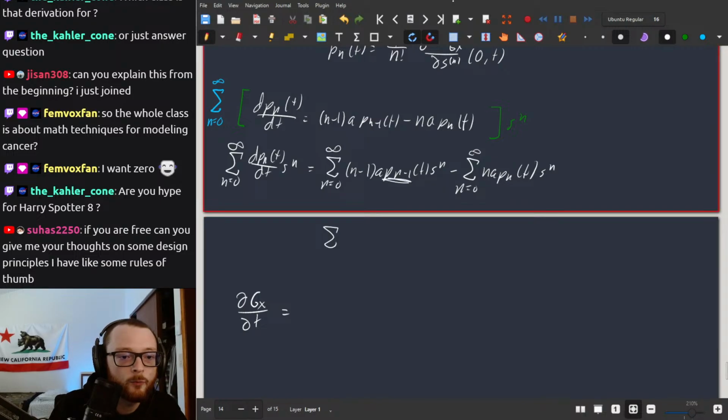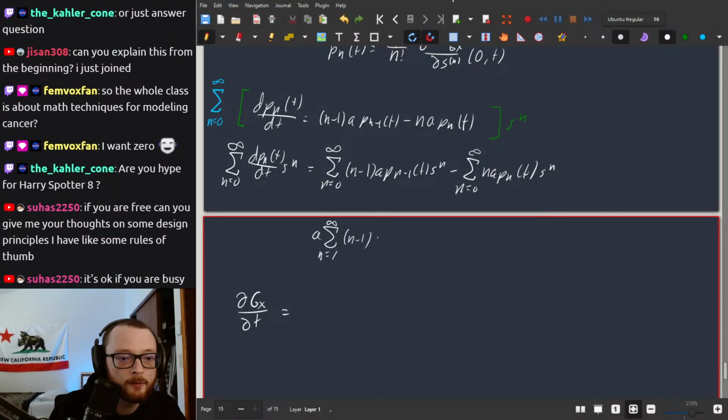P sub -1 is 0, so we can freely start this series from 1. The a is out front. Then I'm going to make the series start back from 0 by doing a change of variables, so it becomes n p_n times s to the n plus 1.